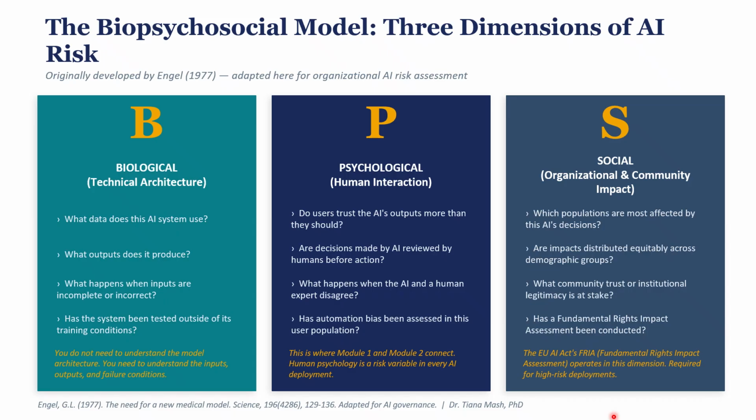So the last question, I want you to think about the fundamental rights impact assessment, which is short for FRIA, F-R-I-A, just the first initials. It is a legal requirement under the European Union AI Act for high-risk AI deployments.